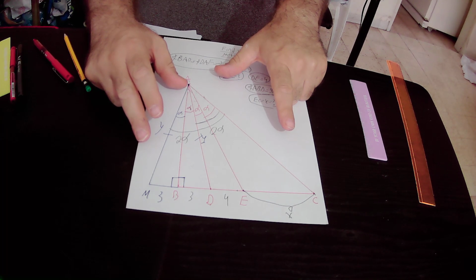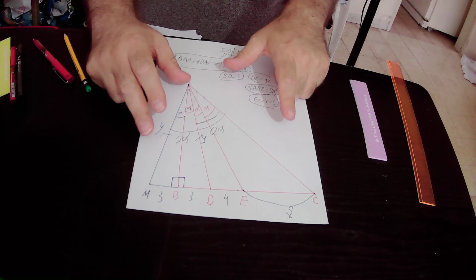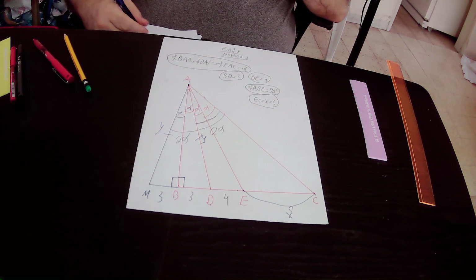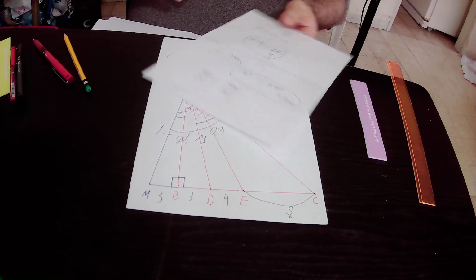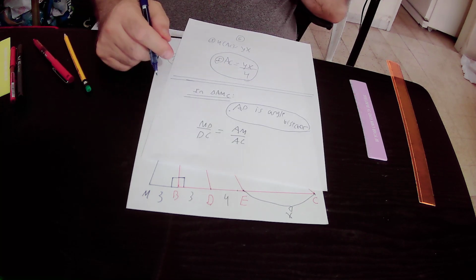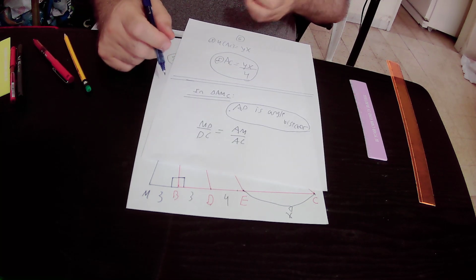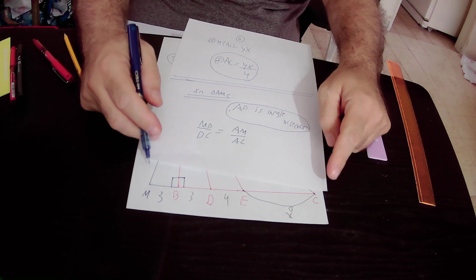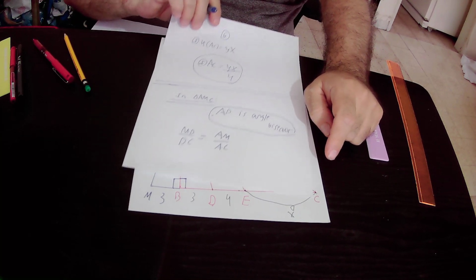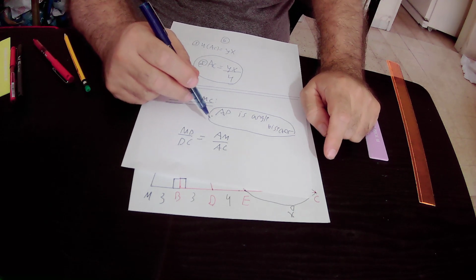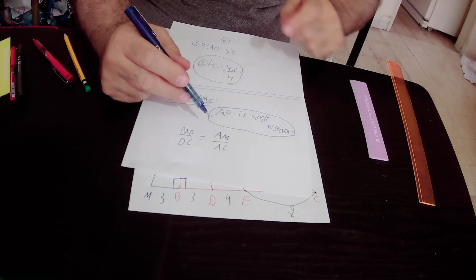So the ratio between the legs is AM over AC. Again, the ratio in which angle bisector AD divides MC is MD over DC, and that ratio equals the ratio between the angle legs, AM over AC.